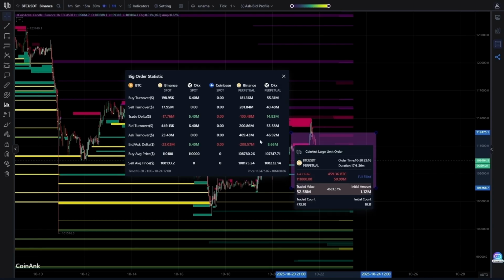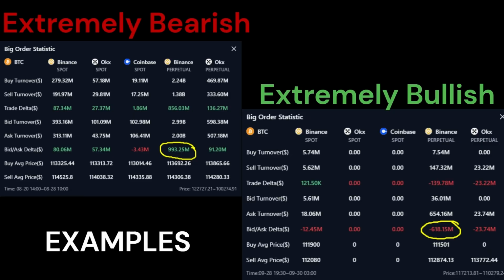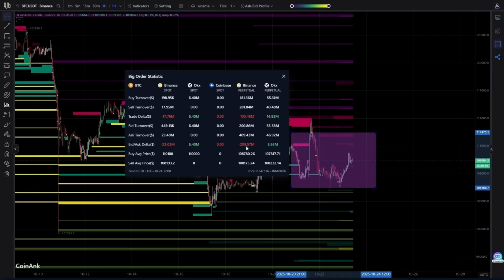We want to see very big numbers. The one that I'm always looking at is the Binance perpetual one. You want to see 400, 500, 600 million to even 1 billion. A huge delta shows us there's a clear direction where the market wants to head towards. Sometimes you have 50 million to 200 or 300 million.